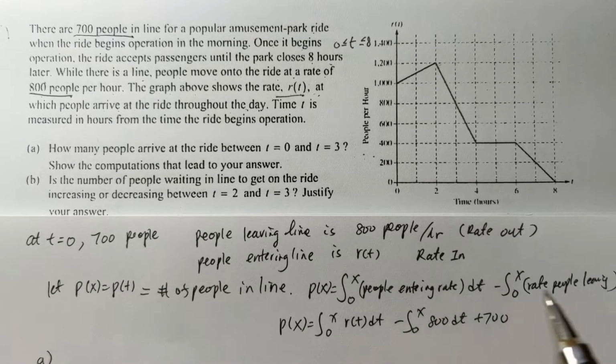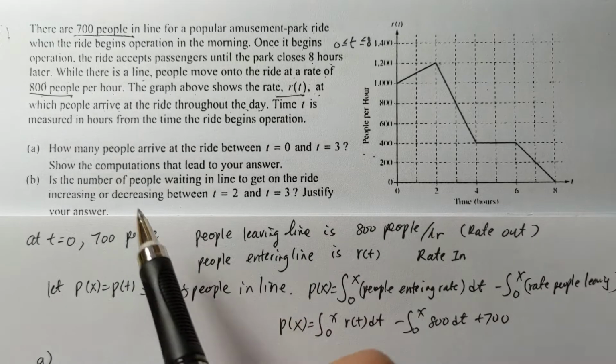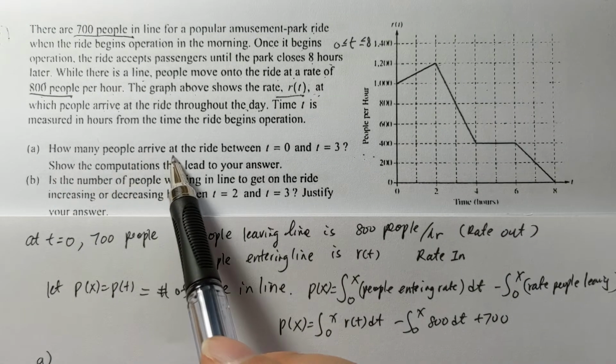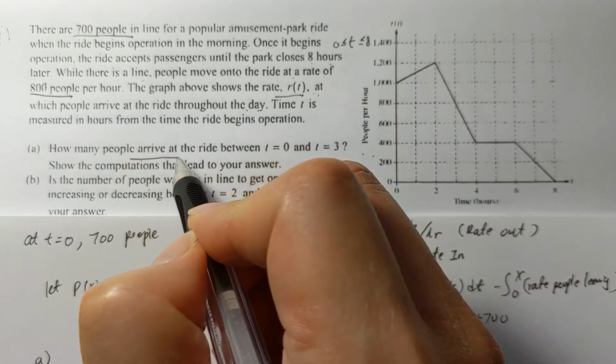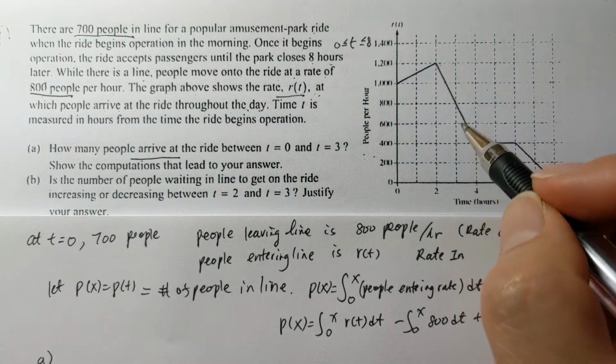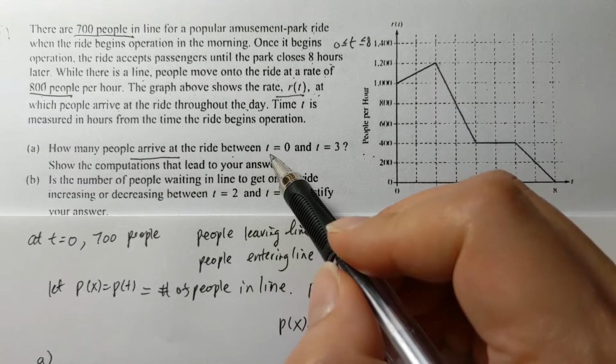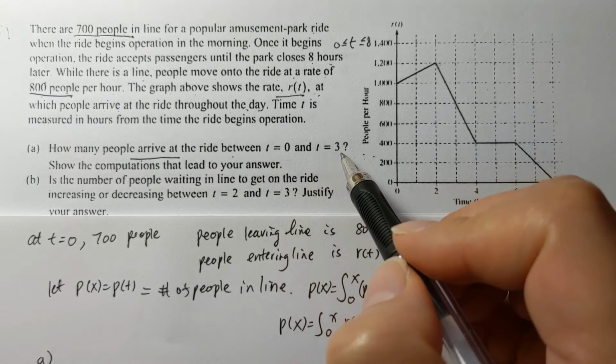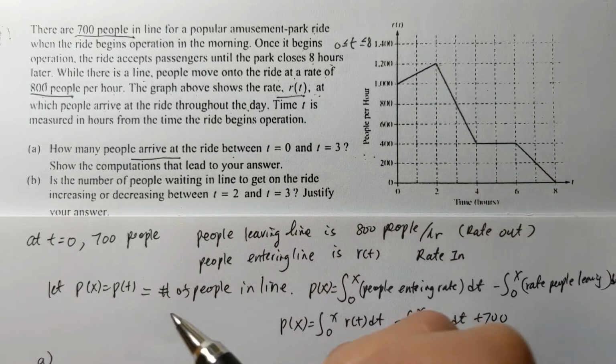Now let's take a look at part A. How many people arrive at the ride? That means it has something to do with R(t) between t equals 0 and t equals 3. Show the computation.